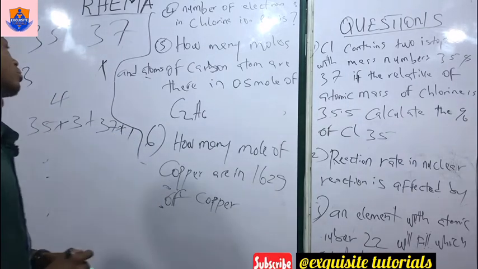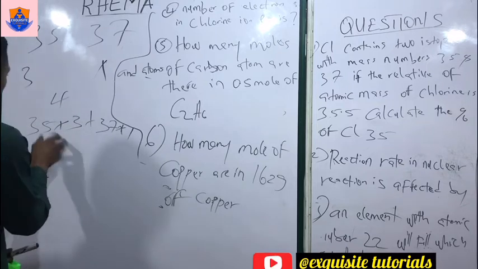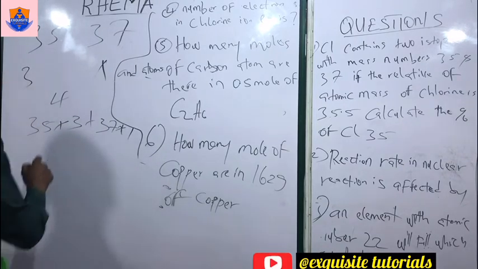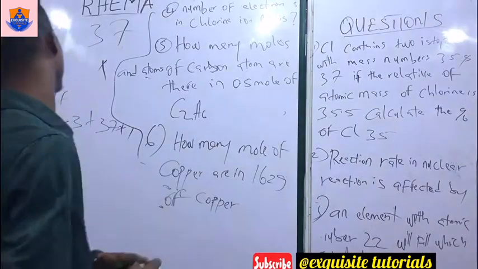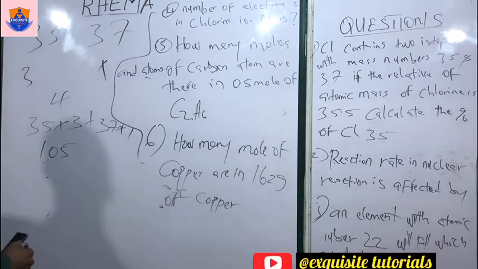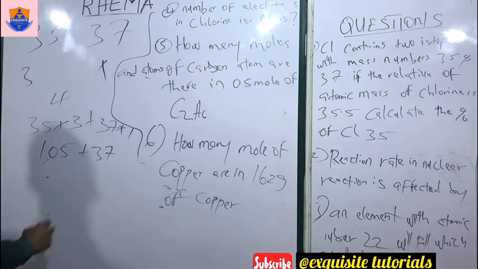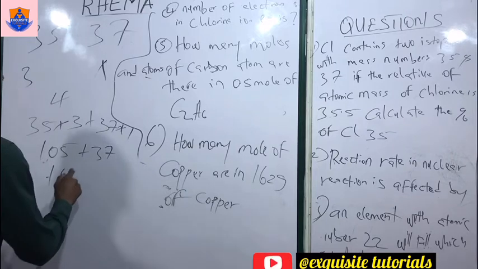Now we'll calculate 35 times 3: 35 times 2 is 70, plus another 35 gives 105. Then 105 plus 37 will give us 142.